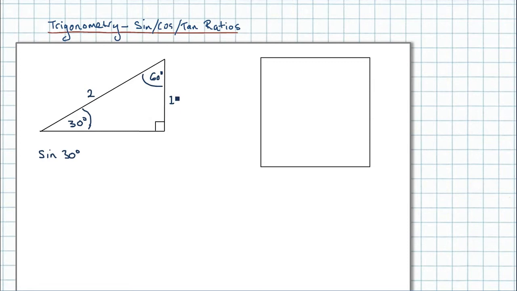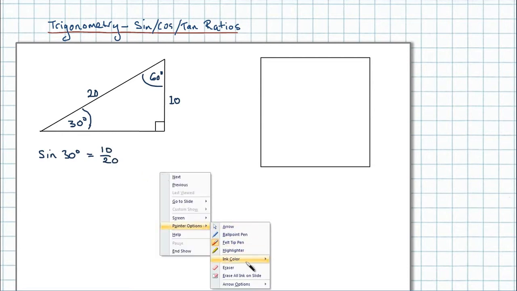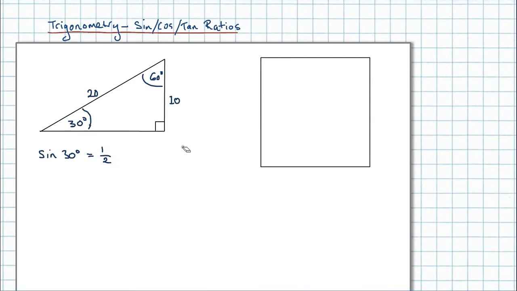Now, of course, in most triangles, it won't neatly be 1 over 2, so it won't just be a half. But if this was 10, for example, and this was 20, then you'd have 10 divided by 20, but 10 divided by 20 simplifies to just a half. So sine of 30 degrees equals 1 over 2 equals a half.